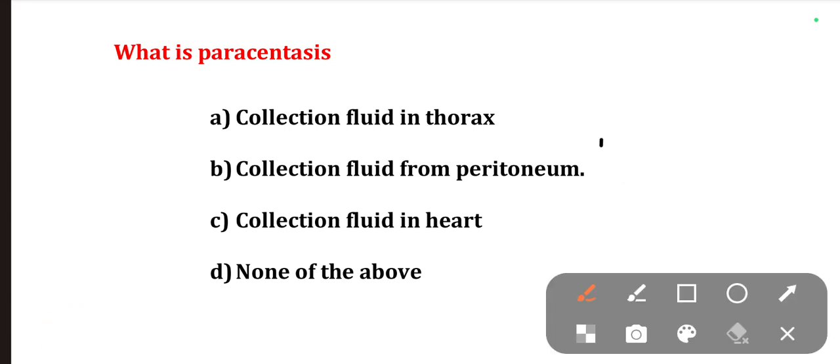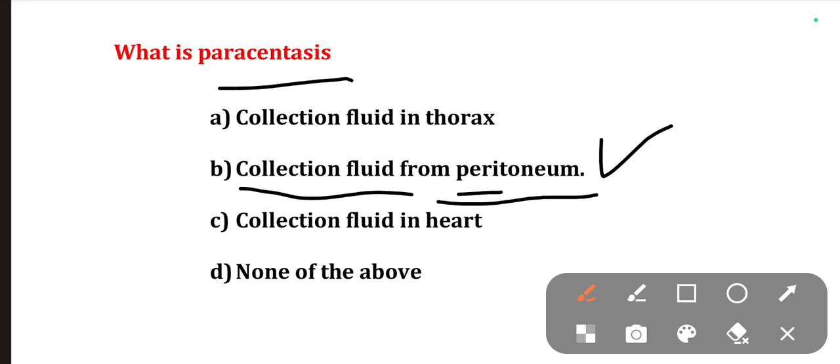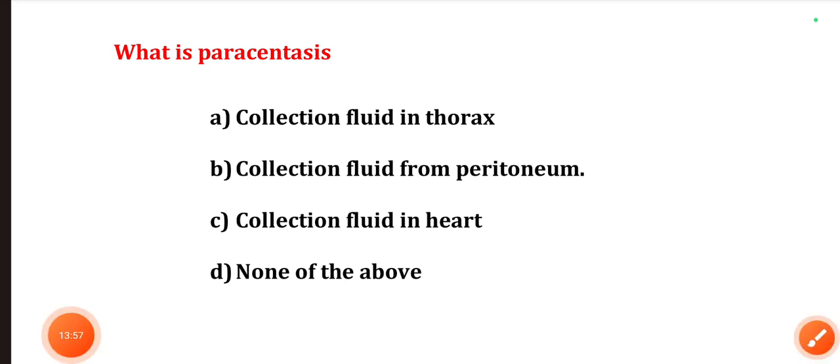The right one is option B, collection of fluid from the peritoneum. When the peritoneum is infected with some bacteria or virus, some of the fluid will accumulate in the peritoneal cavity. In this condition, paracentesis is a procedure, that is collection of fluid from the peritoneum.